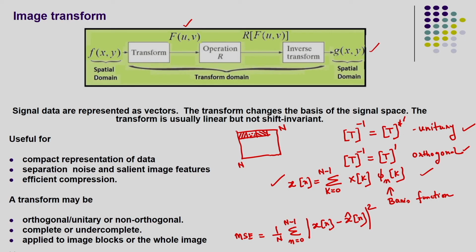Now based on this orthogonality concept, I can show you different types of transformation. So what are the different types of image transform?